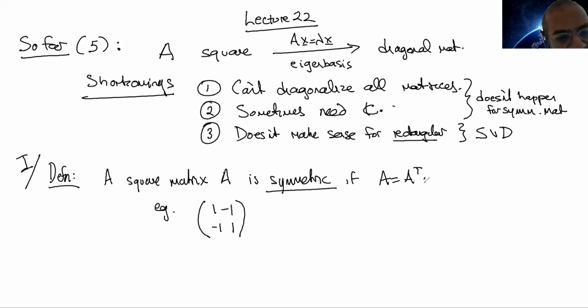But let me introduce one definition. We've defined what it means for a matrix to be diagonalizable.